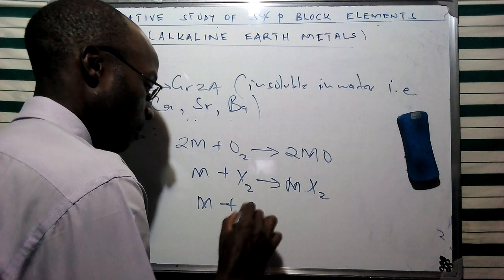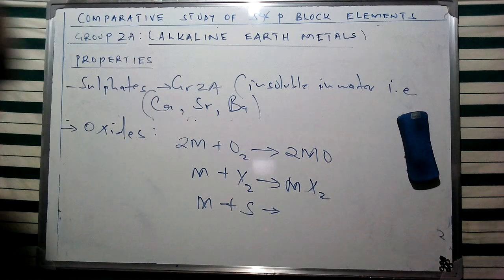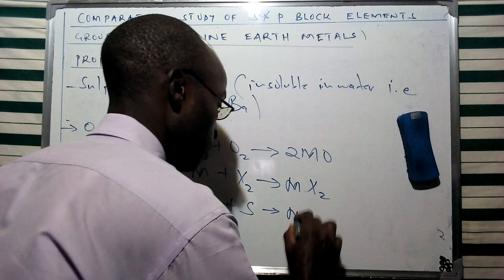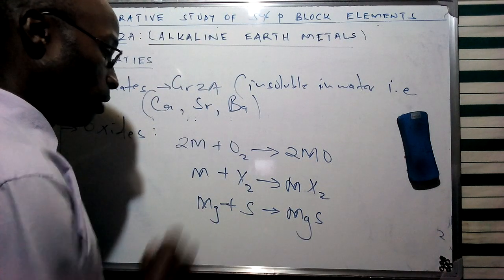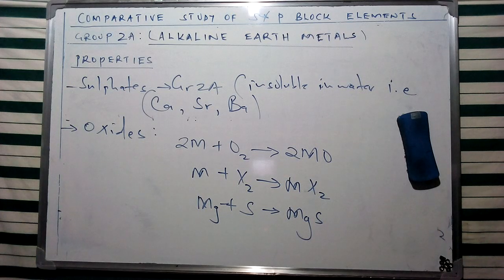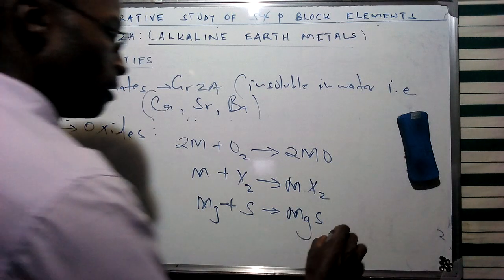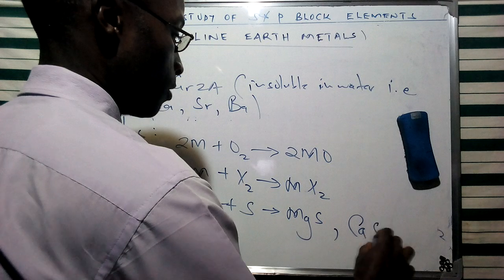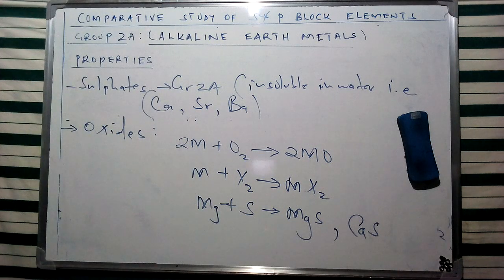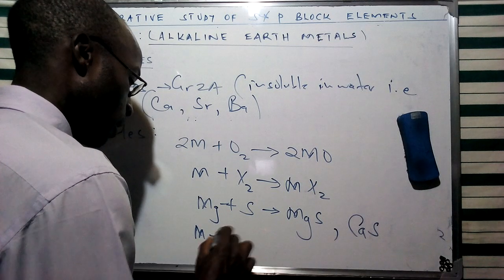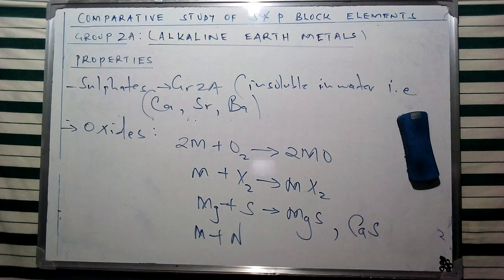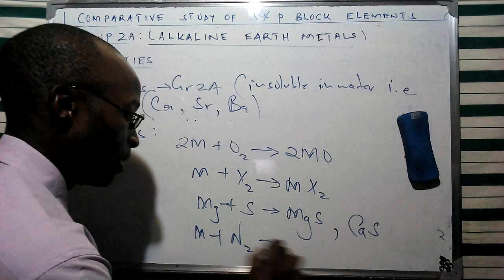Of course, we can give a representation for the formation of sulphides. For example, I can give this one for magnesium, so we're going to have magnesium sulfide being given as such. And in case the metal is calcium, then that's going to form a product of calcium sulfide given as such. We can as well give this one for the formation of nitrates, and that's going to be given in this specific form.